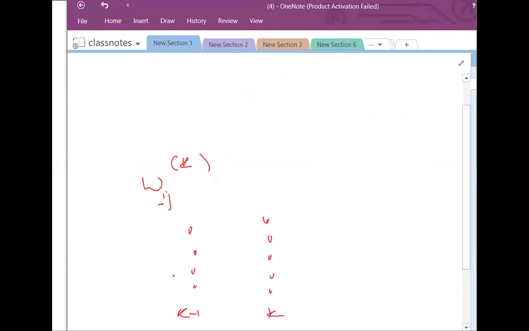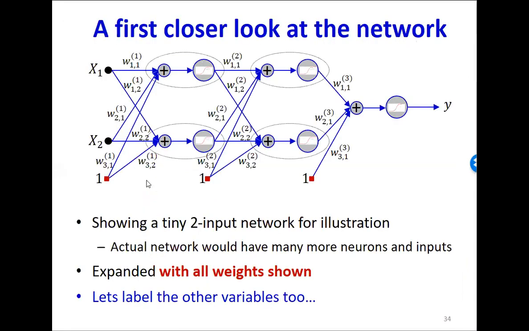This i represents the ith neuron in the k minus 1th layer. The j represents the jth neuron in the kth layer. So this is the weight of the connection from the ith neuron in the k minus 1th layer to the jth neuron in the kth layer. The superscript represents the destination layer.